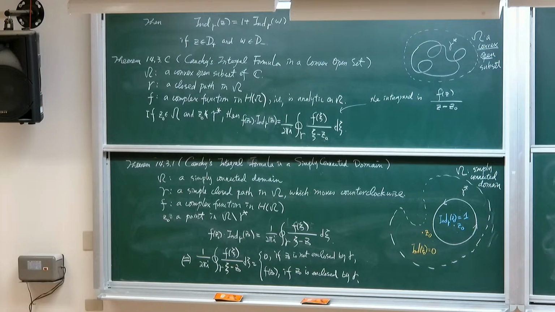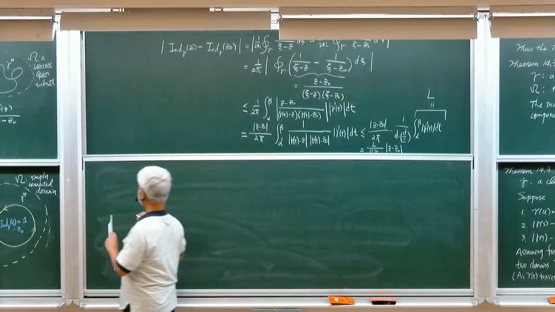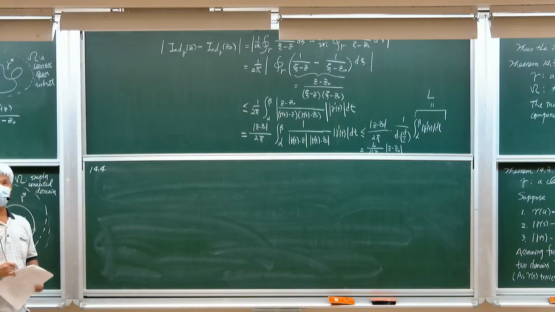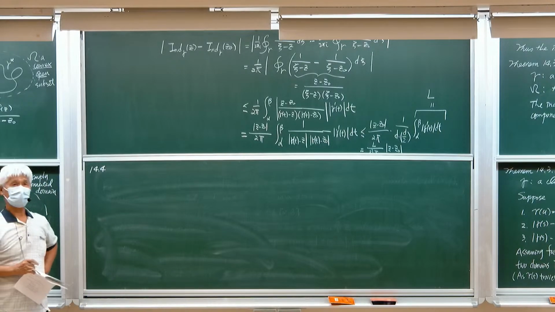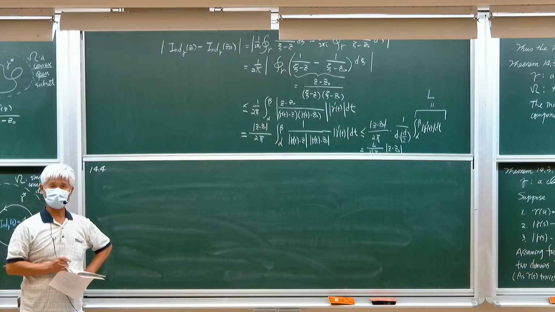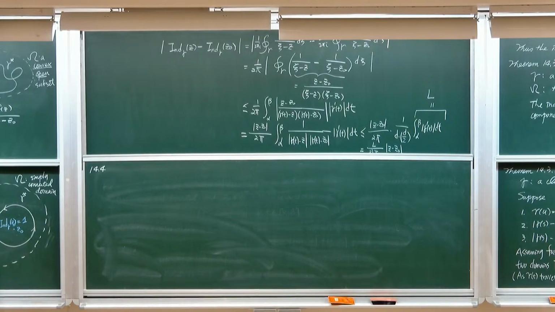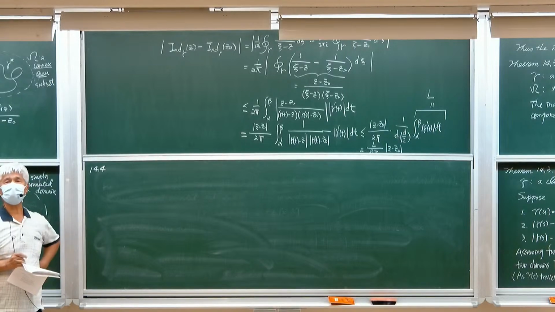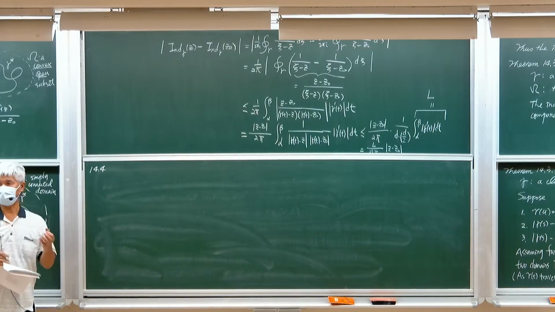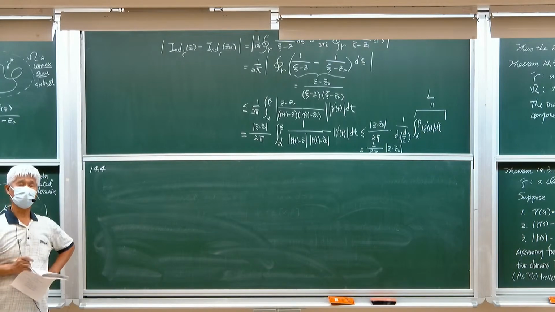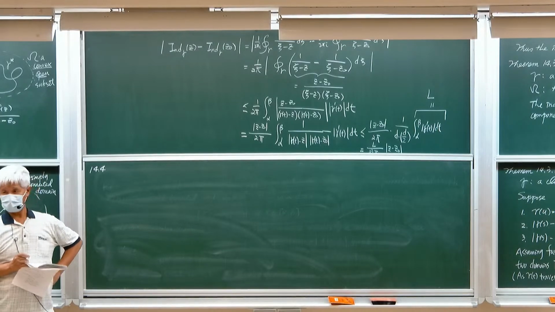Now we will answer our long-standing question. In chapter 13, when we consider analytic functions, we say that if a complex function is analytic on an open subset omega, which means that this complex function is differentiable on the open subset omega, then its derivative is also analytic.